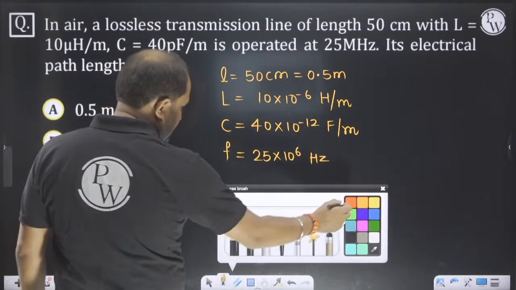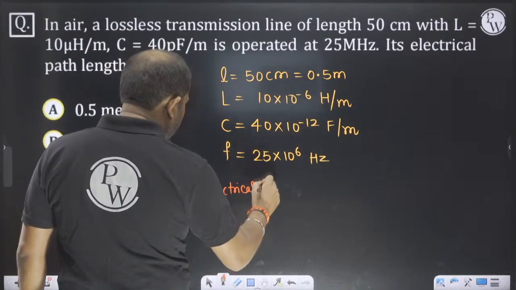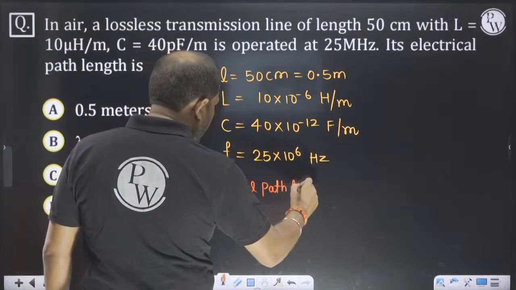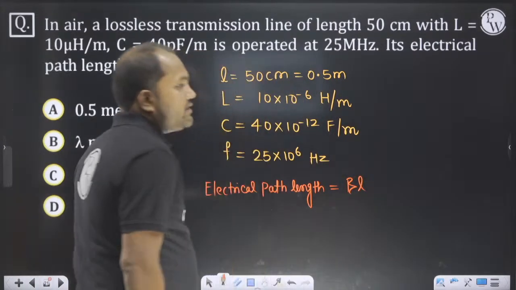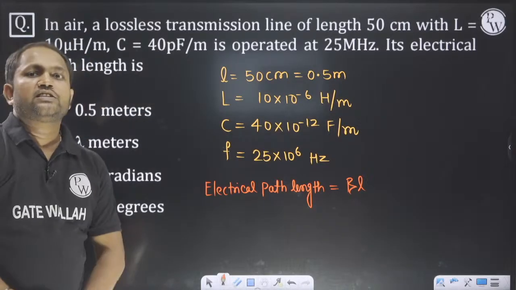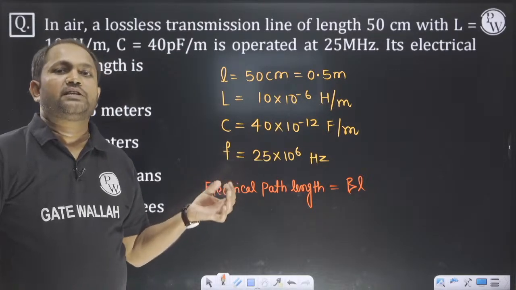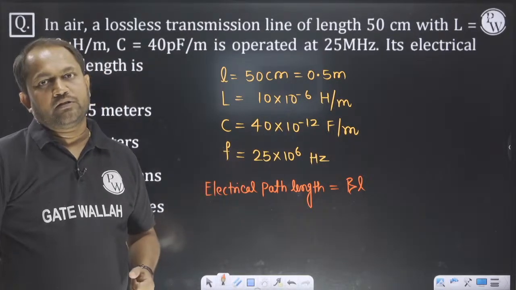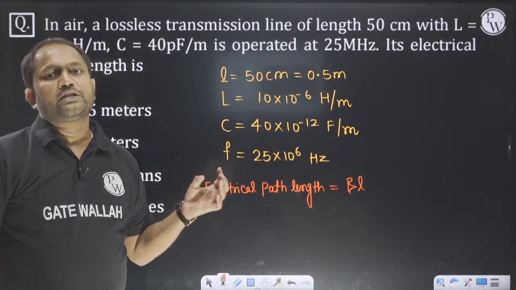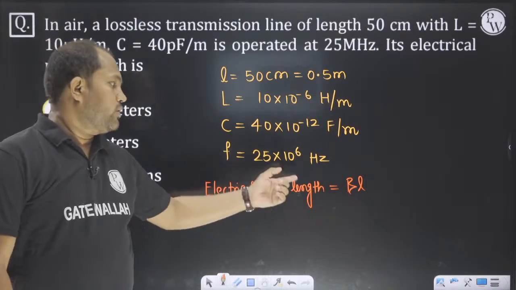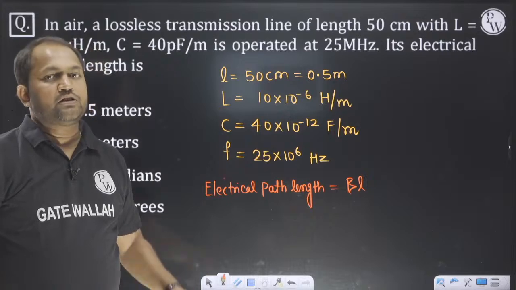What is the electrical path length? It is beta L. In the previous class you studied that because of beta L the short circuit is inductive or capacitive, and the open circuit is inductive or capacitive. So beta L will be the deciding factor for characteristic impedance or anything.